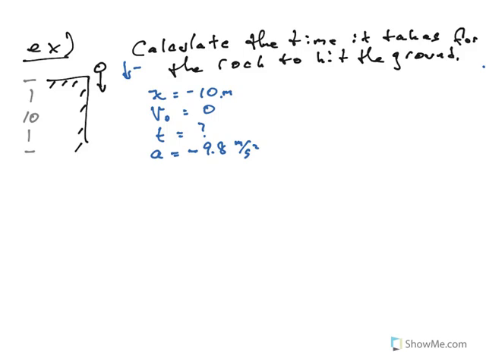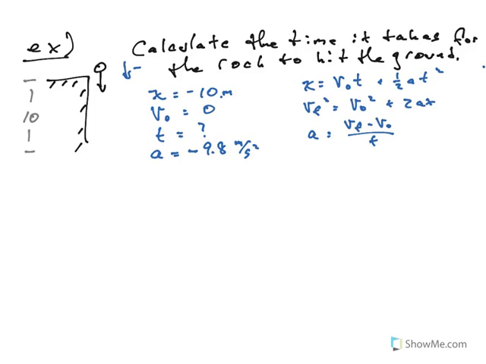Once I know everything given in the problem and what I'm looking for, I can look at my equations: x equals v naught t plus 1/2 at squared; Vf squared equals v naught squared plus 2ax; and acceleration equals Vf minus V0 over t. Those are my three equations I'm allowed to use.